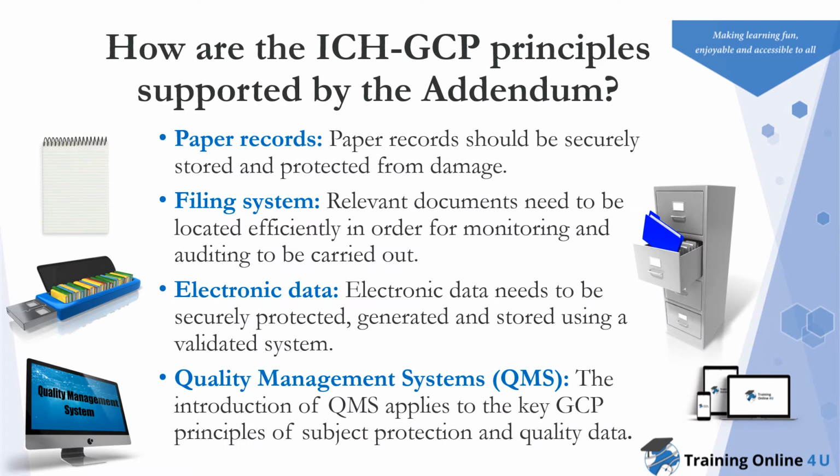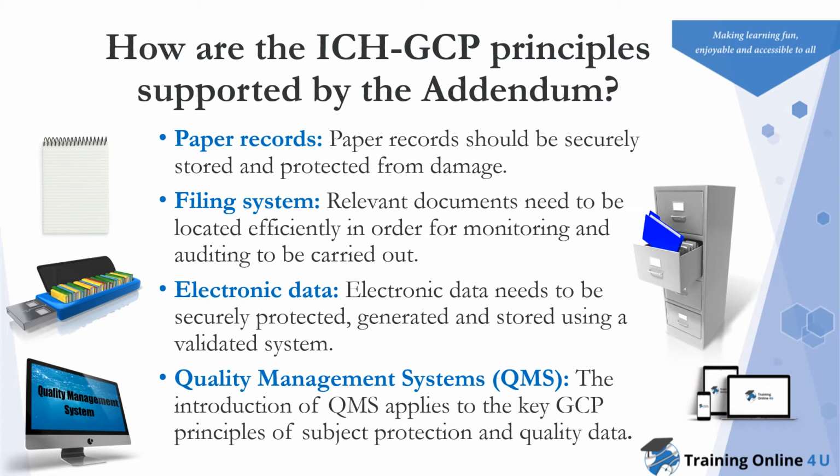As we mentioned, the original principles of ICH E6 still stand, but the addendum added more information to support these principles. Firstly, paper records. Paper records should be securely stored and protected from damage. Secondly, filing system. Relevant documents need to be located efficiently in order for monitoring and auditing to be carried out.